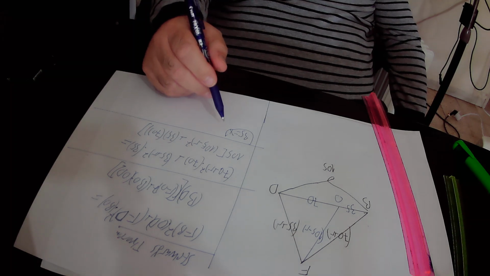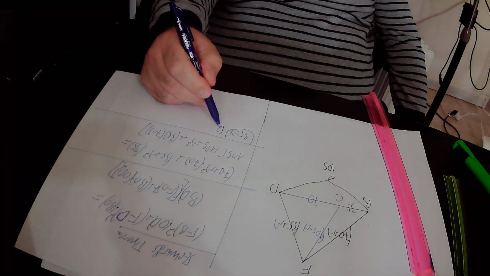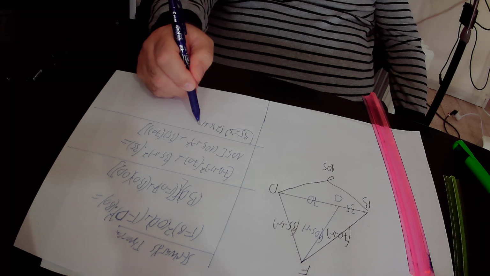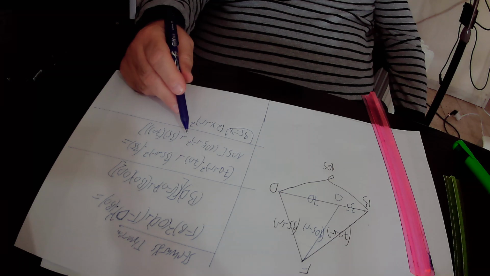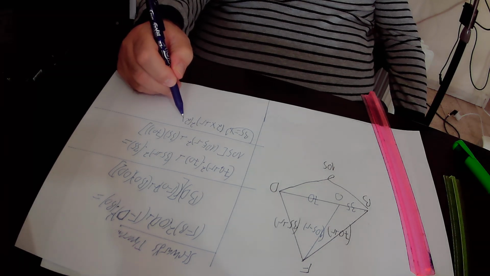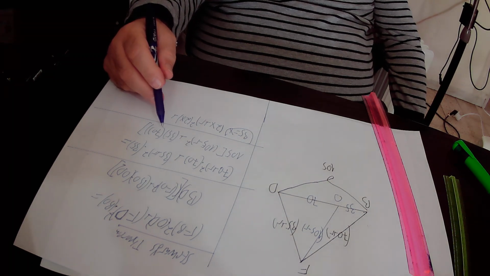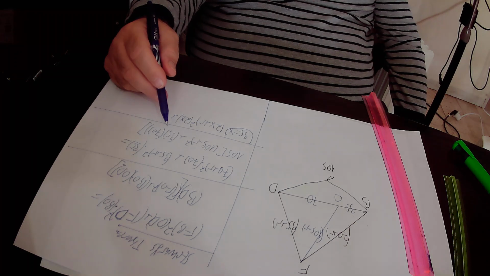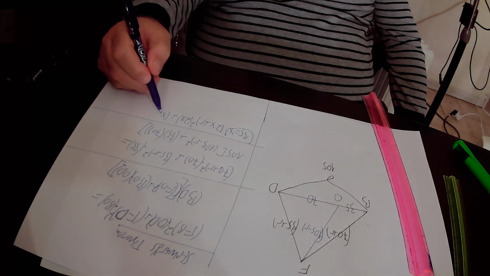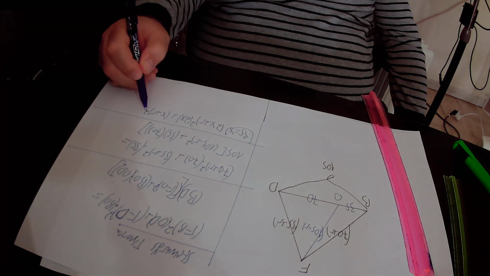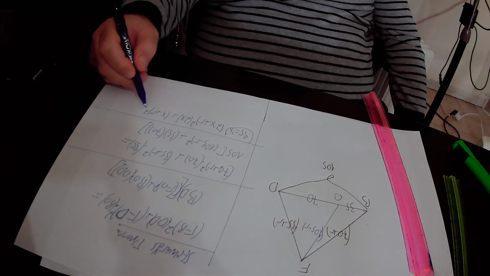So 70 is 2x. We substitute 70 by 2x plus R, squared, times 70. 70 is 2x, so we substitute 70 by 2x, plus 35 plus R squared. 35 is x, so it is (x plus R) squared times 35. 35 is x, so we substitute 35 by x.